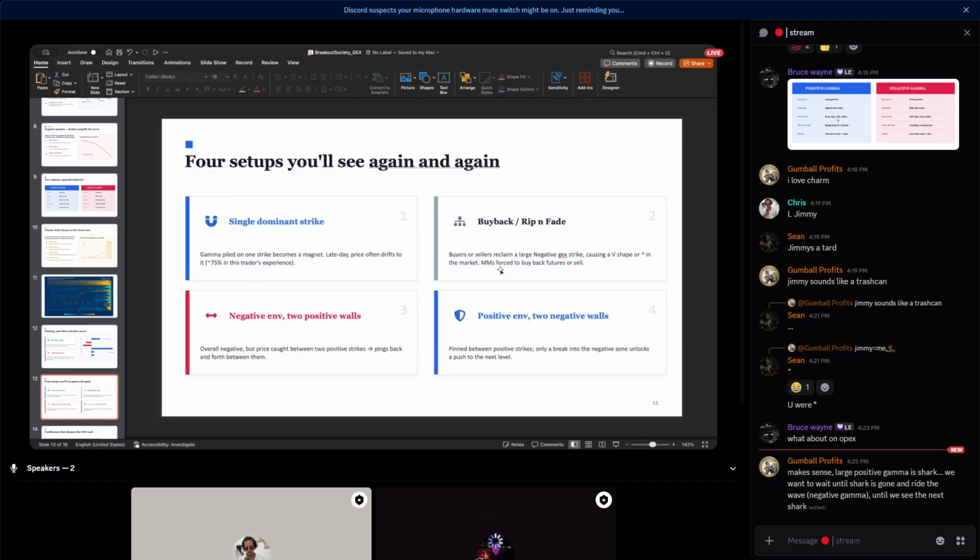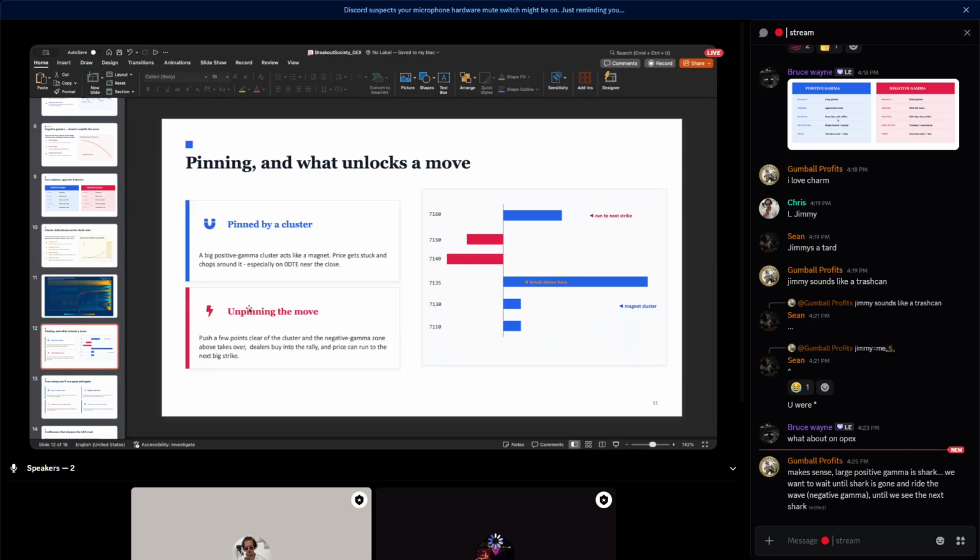The buyback rip and fade. I see this a lot, and I honestly think this is very underrated. So let's say, for example, I have something like this showing up on GEX.